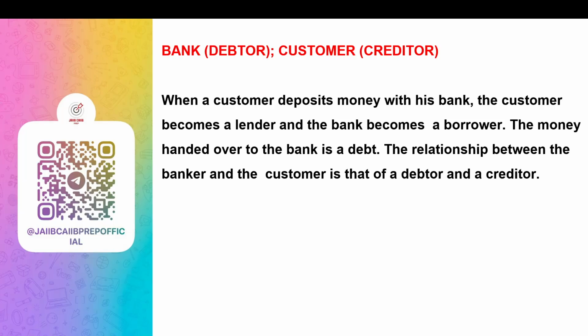Now let's move forward to the different kinds of relationships that exist between a bank and its customer. Number one, debtor creditor. When a person deposits money, say you deposit your money into a bank account, what are you doing? You are lending money to the bank. So you are the creditor and the bank is the debtor.